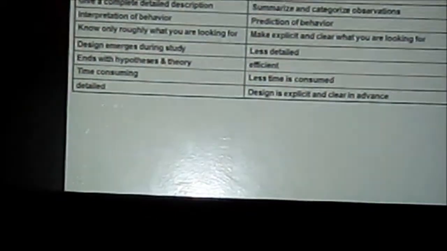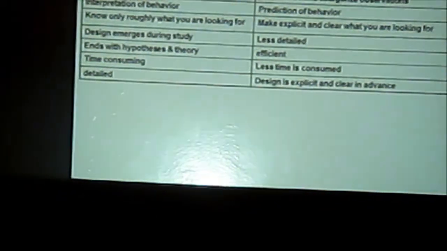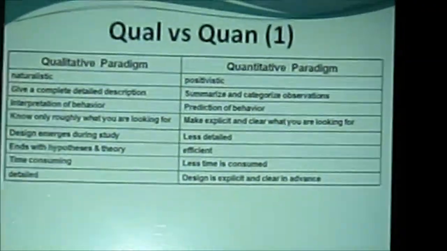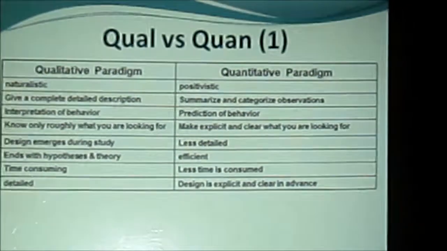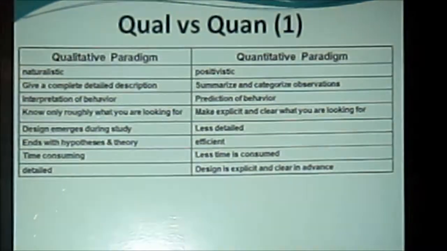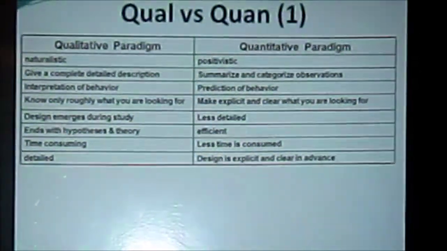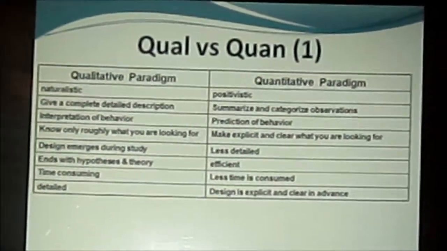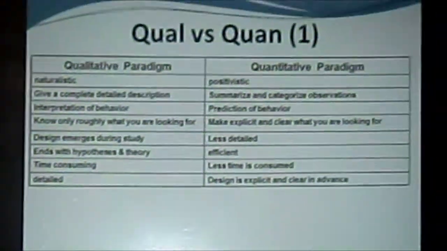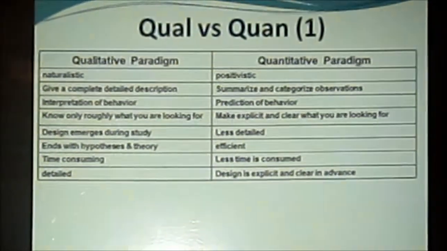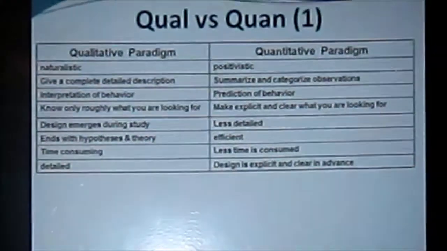However, quantitative research is positivistic. What is meant by positivistic? It means that after selecting the research problem, and identifying the major problem of the topic being studied, the researcher has to put a given methodology, has to make a design for his study.